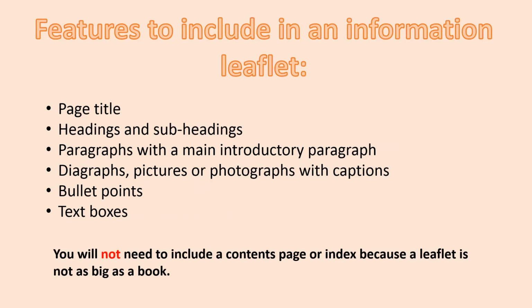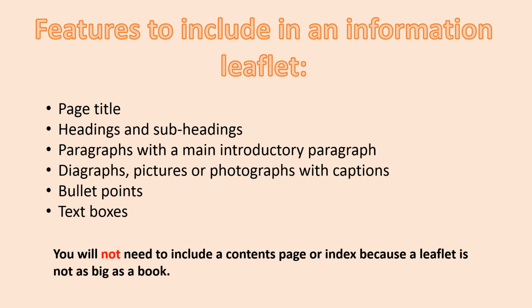Okay, so let's see what features we need to include in an information leaflet. We need to have the page title, we need to have headings and subheadings, we need to have paragraphs with a main introductory paragraph, we can have diagrams, pictures or photographs with captions, we can have bullet points and text boxes.